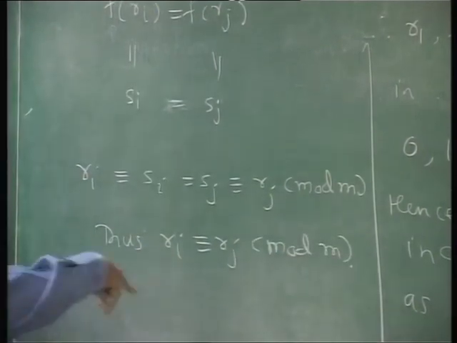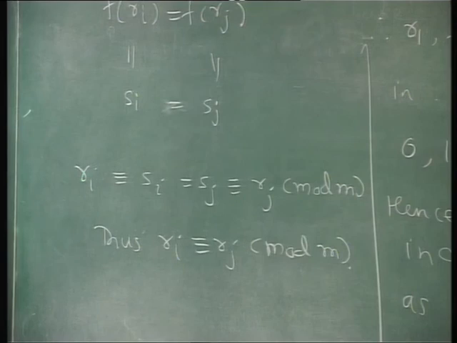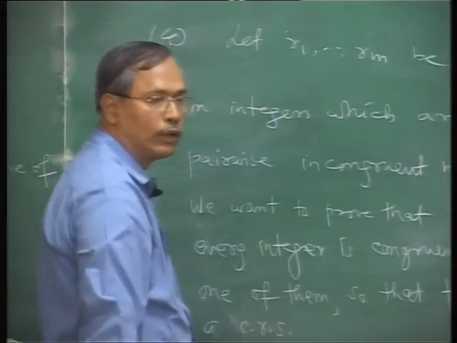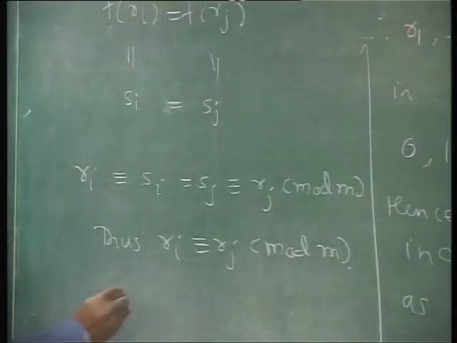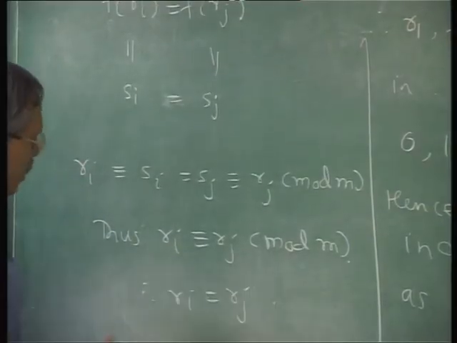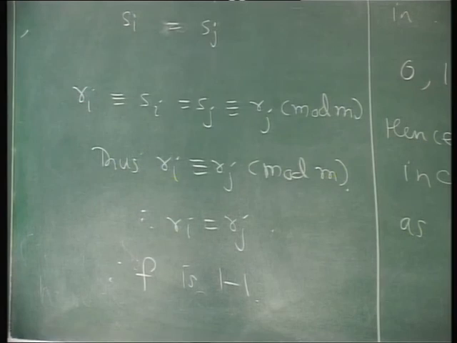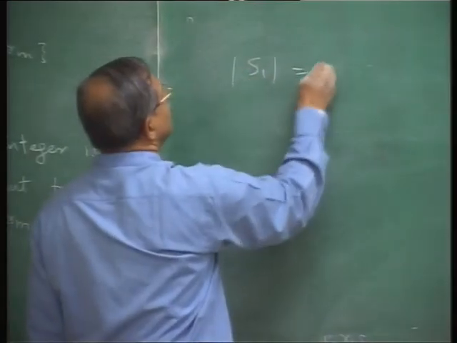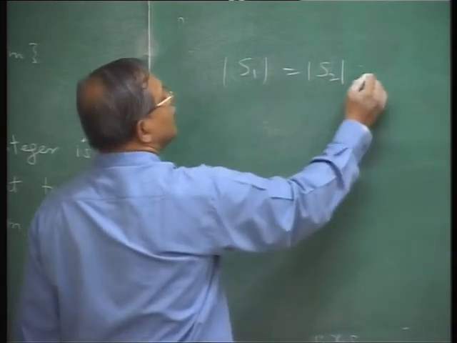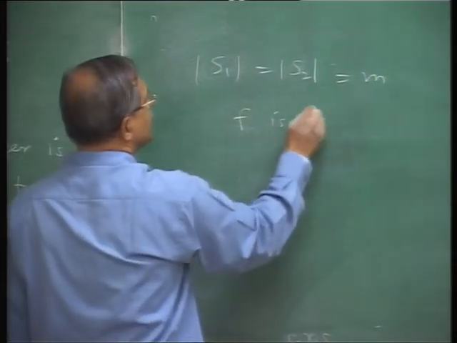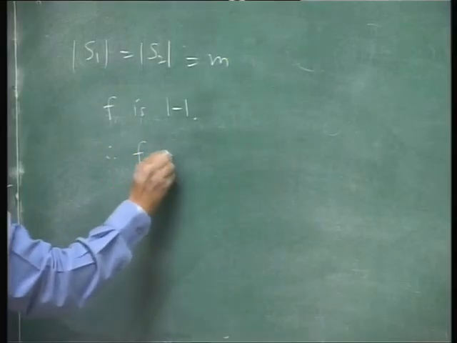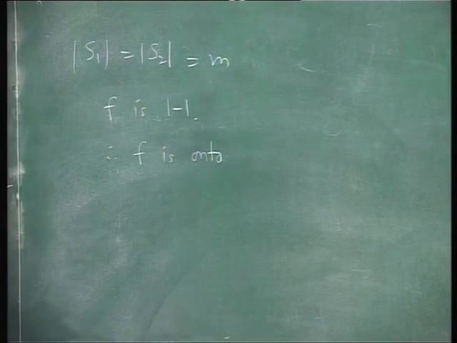But R1, R2, Rm are assumed to be pairwise incongruent. So if they are congruent, they must be equal. Therefore Ri equals Rj. Therefore f is 1, 1. And because f is 1, 1 and S1 and S2 have the same cardinality, that is m, f is onto.